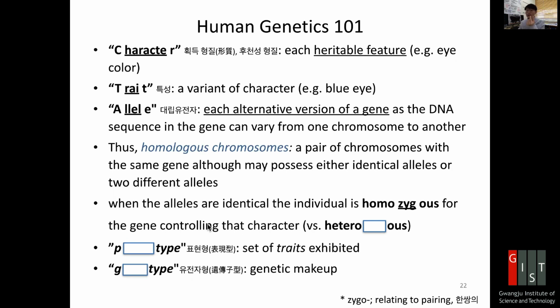If they are not identical, then we call it heterozygous. A trait, such as a blue eye, that is exhibited, because we can see it, is called a phenotype. However, the genetic makeup can be not the same. That is a genotype.